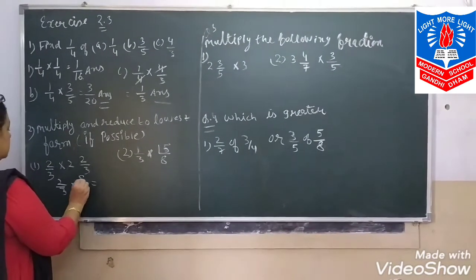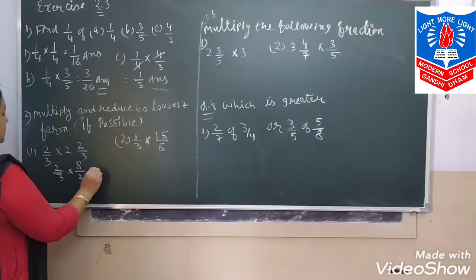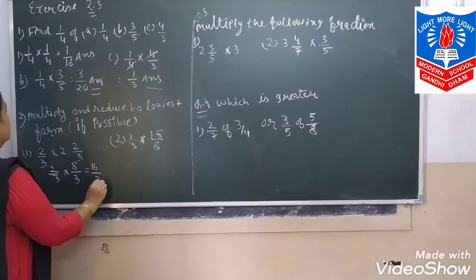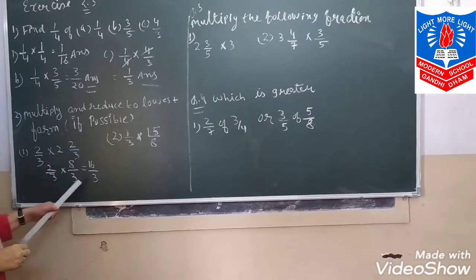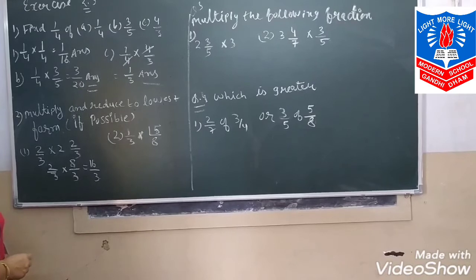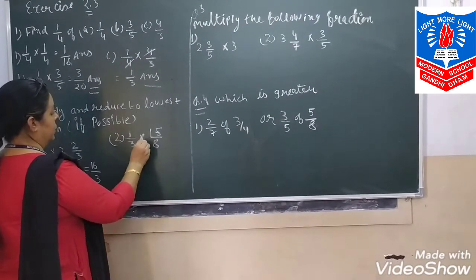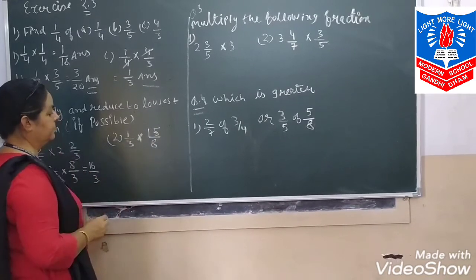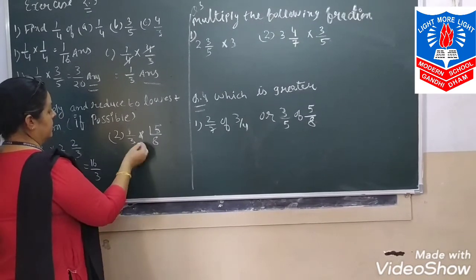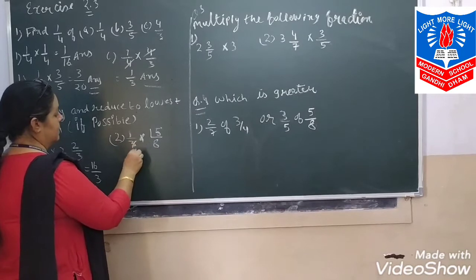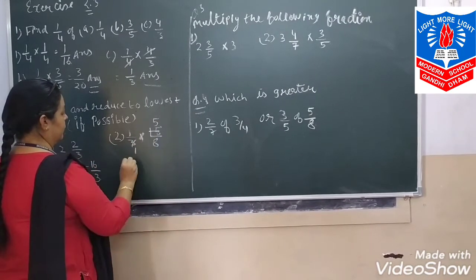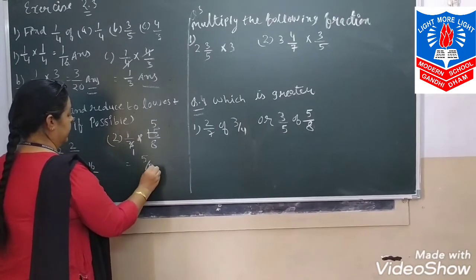So 8 2s are 16 upon 3. It is lowest form. And here also, 1 by 3 into 15 upon 8. Here 3 ones are 3, 3 fives are 15, so 5 by 8.